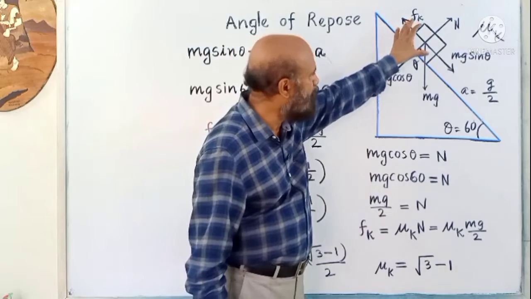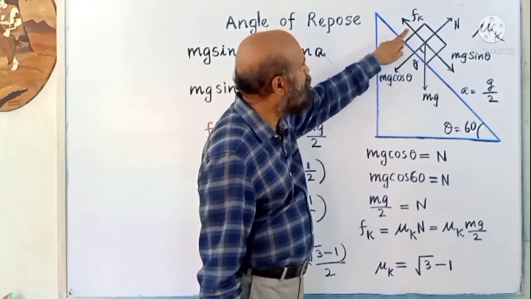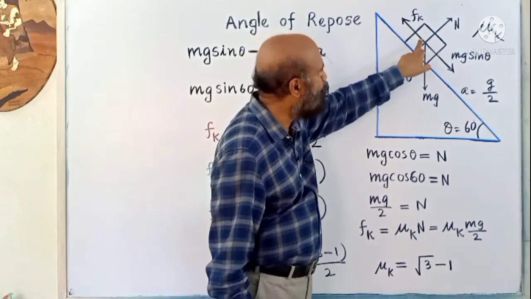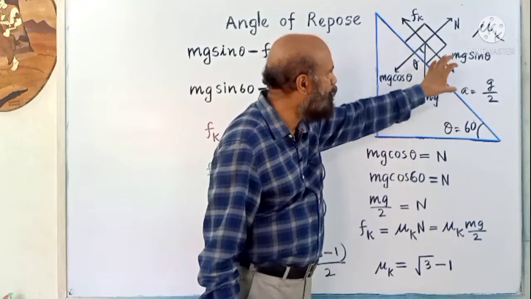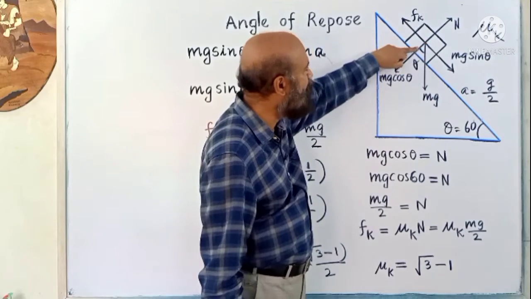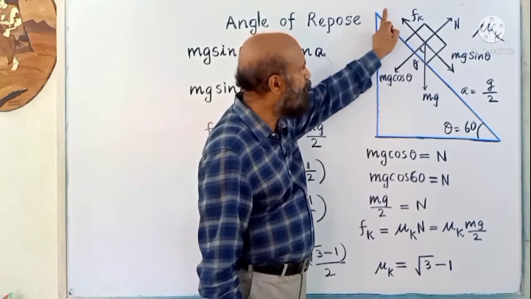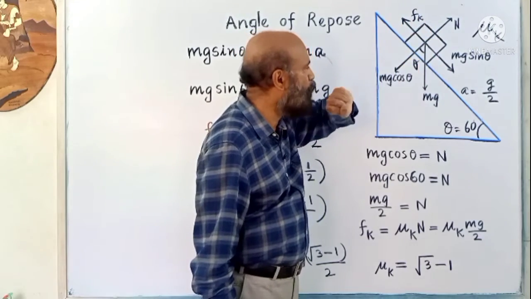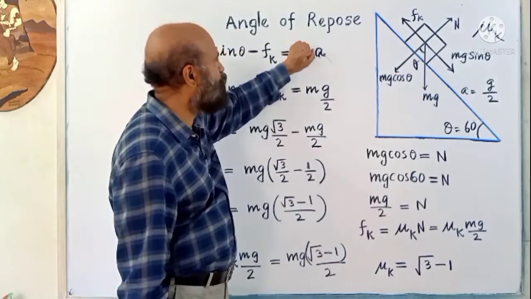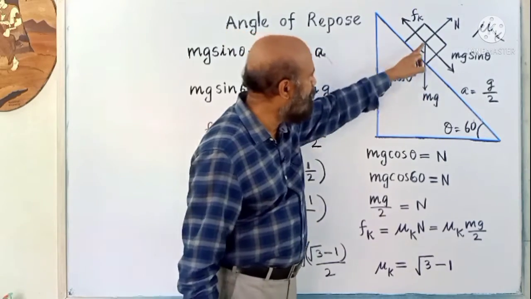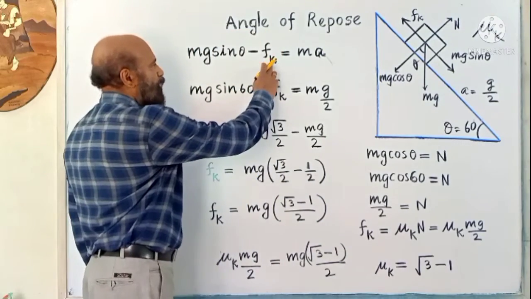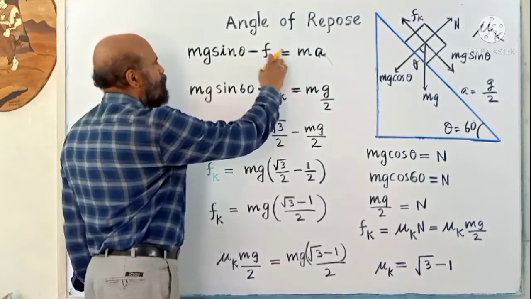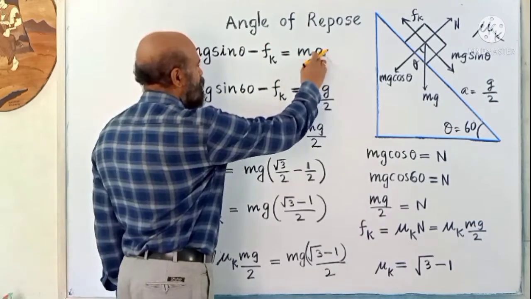Now there is an acceleration, so that is kinetic friction. The force along this direction is mg sin theta. When the body is moving along this direction, there is a frictional force that side. Now we can apply Newton's second law because there is an acceleration. So mg sin theta minus the kinetic frictional force is equal to mass into acceleration.